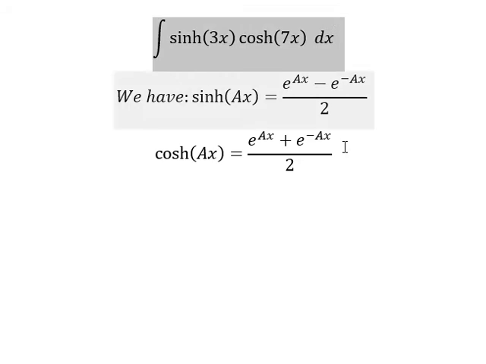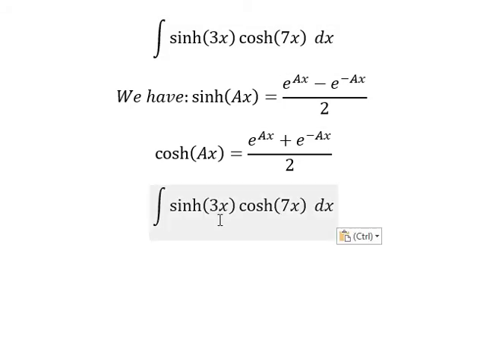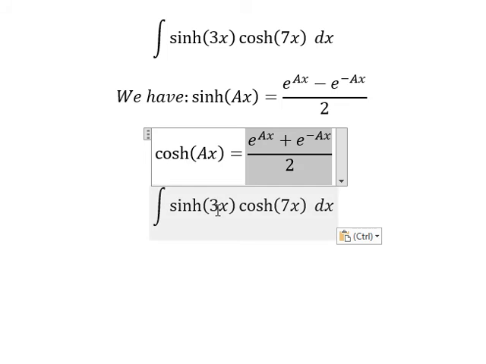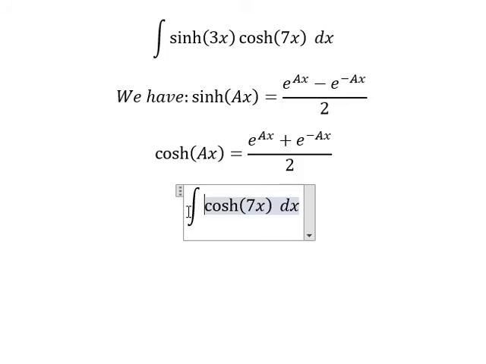Now, we need to transform this one into this one and this one into this one. So we have like this.